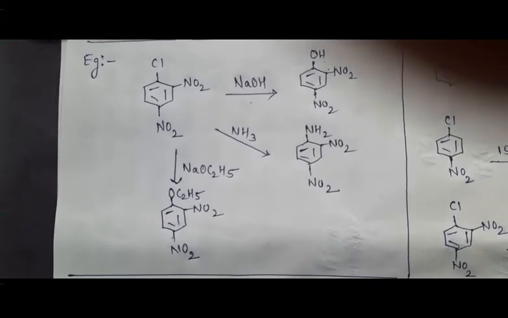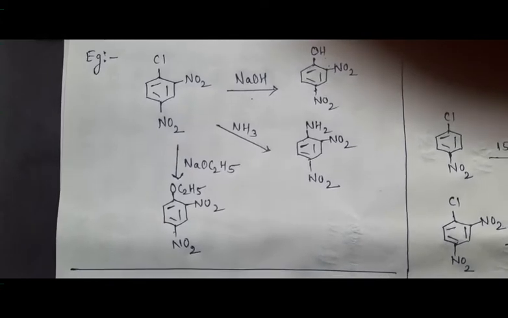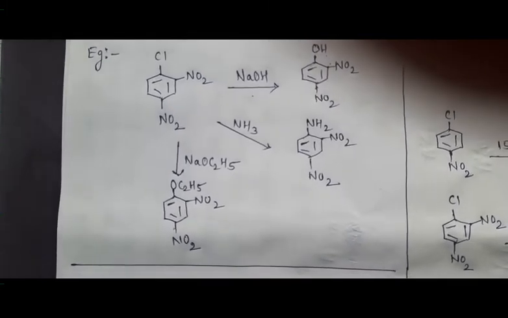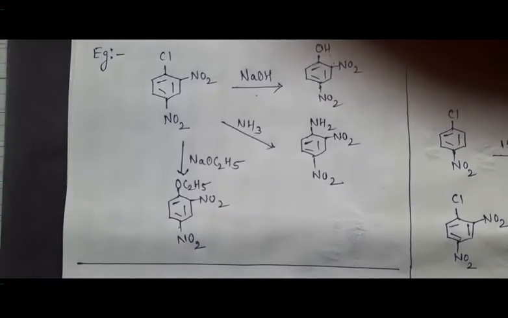Now the next question is, we have seen, or rather we all have accepted, that it is only when my aryl halide is substituted that it is going to give me a bimolecular displacement reaction, or when my aryl halide has the electron withdrawing group occupying ortho and para positions, it is going to be a good candidate for a nucleophilic substitution reaction.